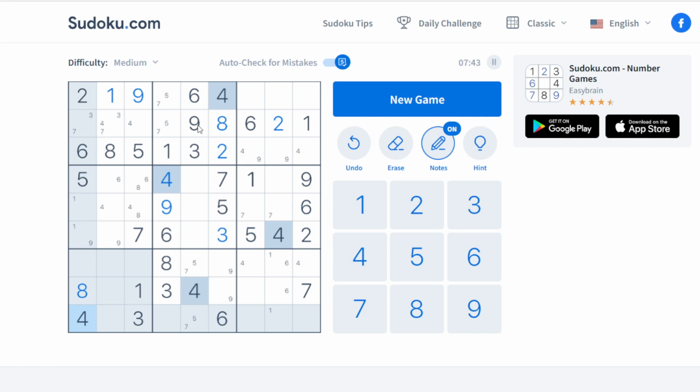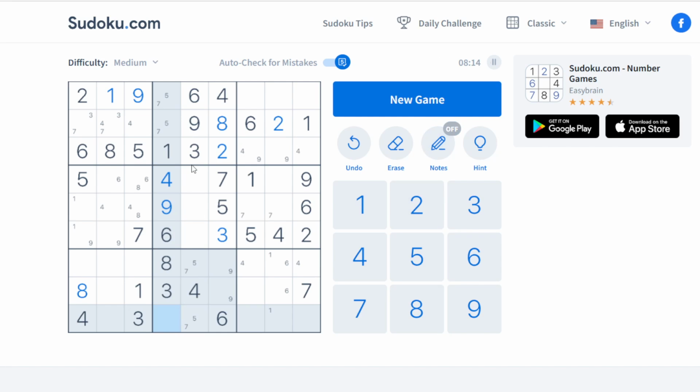We'll take a peek back at those 9s. Okay, so we've gone through all the numbers and we might be a little stuck, so we'll just try to find something that we might have missed. Oh, here we go. We can figure out what this one is because we have a pair here and all the rest of the numbers are filled in.